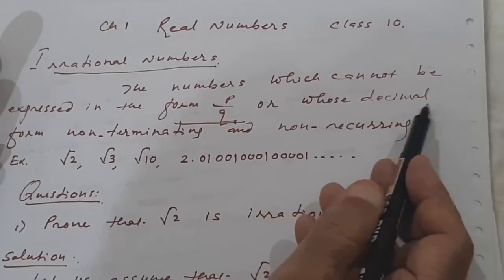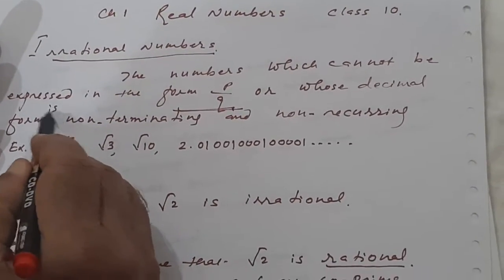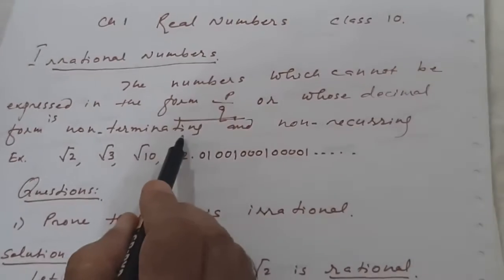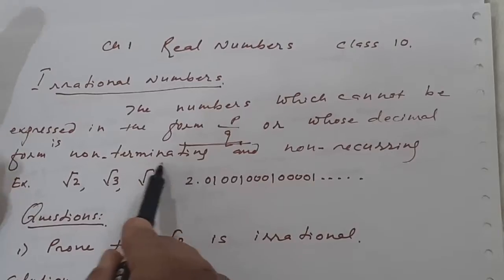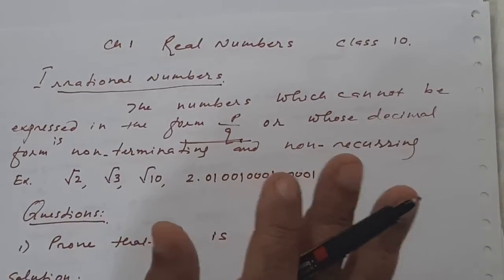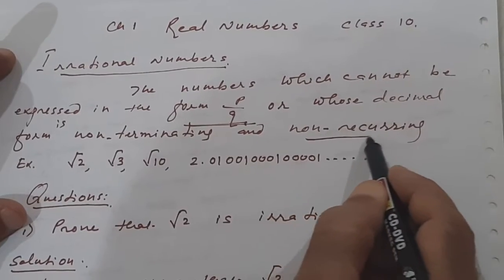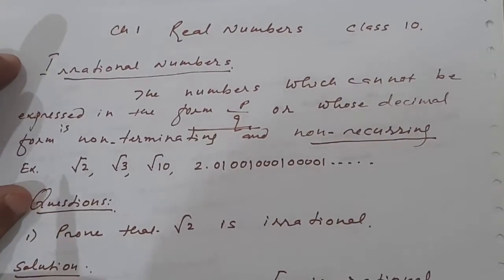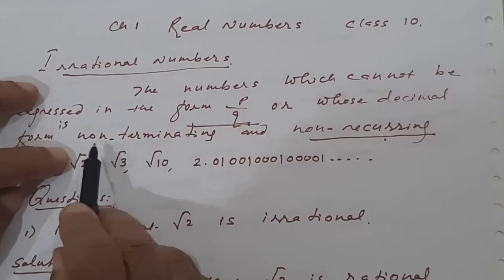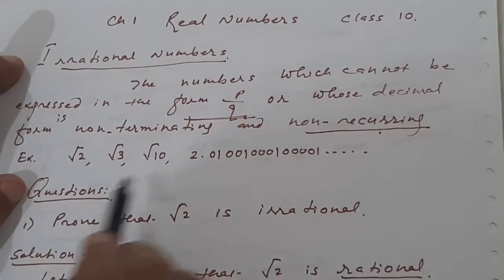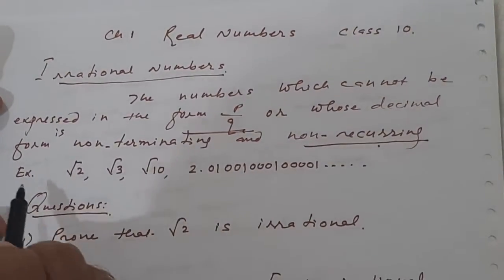Or numbers whose decimal form is non-terminating, which means it does not stop, and non-recurring, meaning there is no repetition of digits. So no repetition and no stopping, continuously. That is called the decimal form.